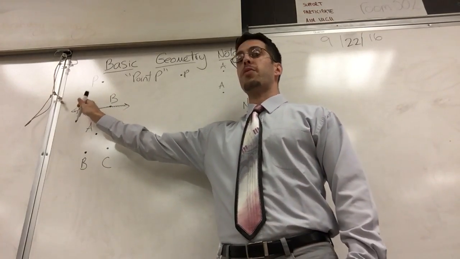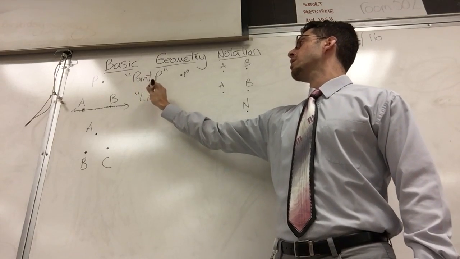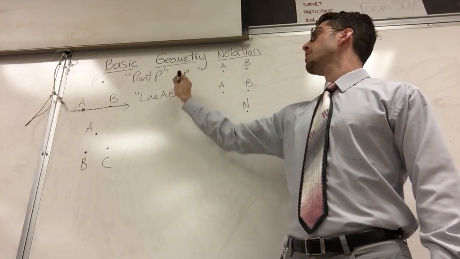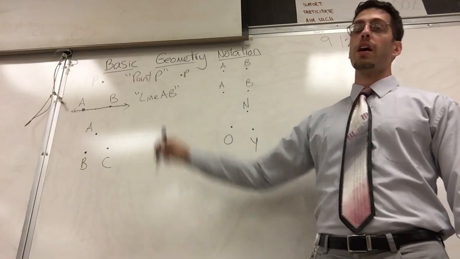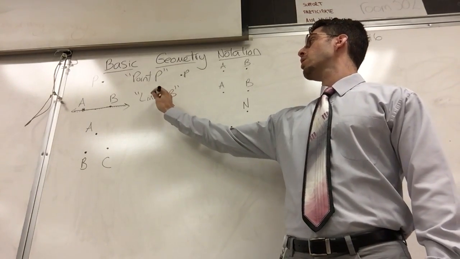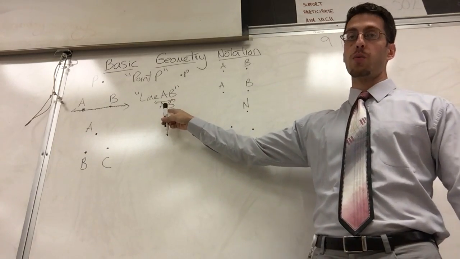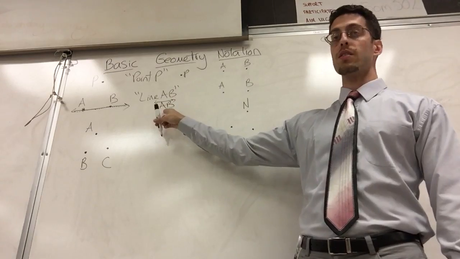There's actually an infinite amount of points on this line. This is read as line AB if you're doing English, and if you're doing math notation, it's AB with a line over it, and this is line AB. Again, we're lazy, I'm not gonna write that, we're gonna write this.